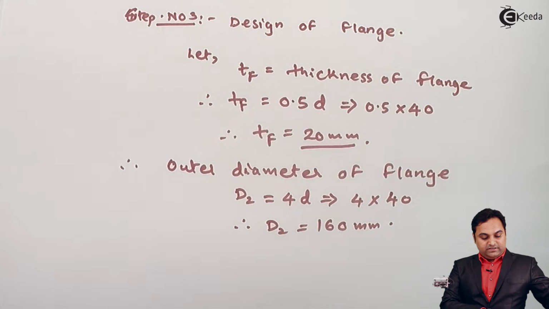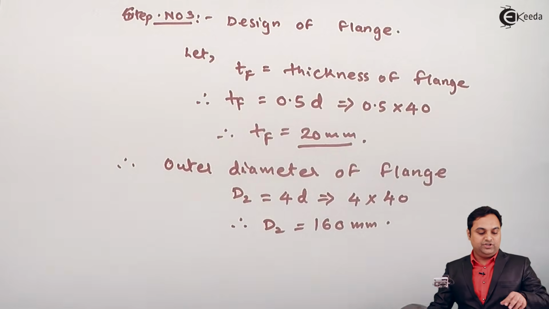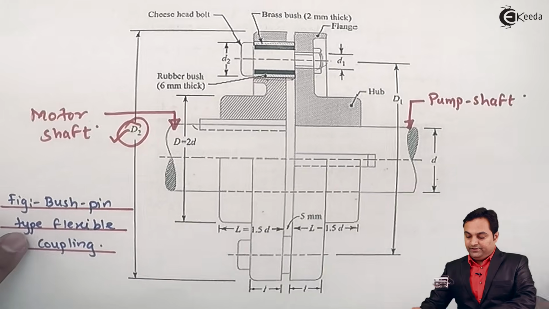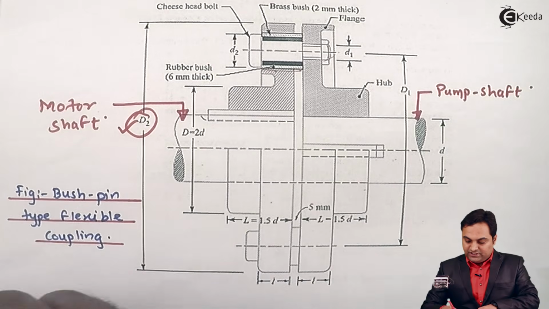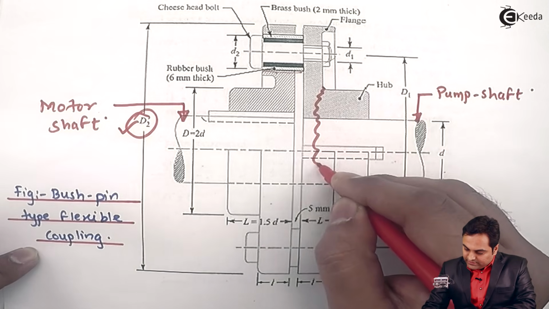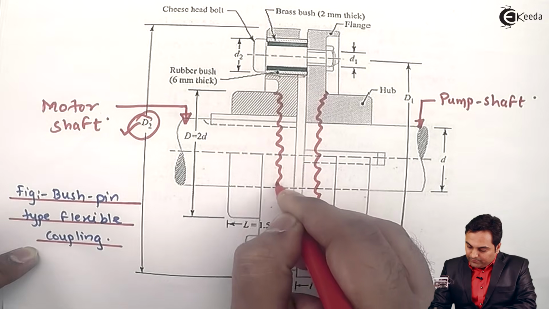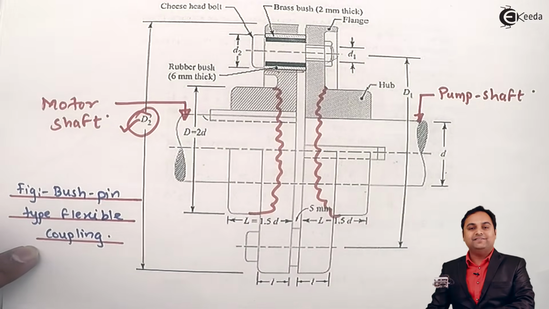Now we will check this flange in shear, because when the shaft is rotating, there are chances that at the hub this flange would break like this. It can shear off. It can break at the hub. So that is called shearing of flange.